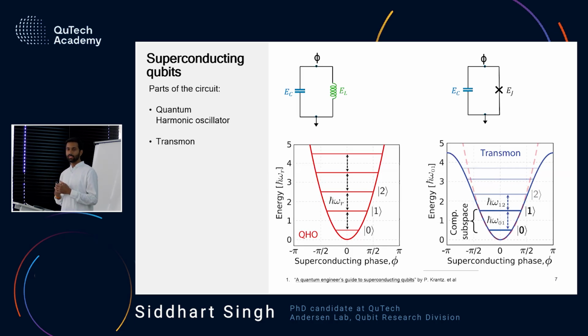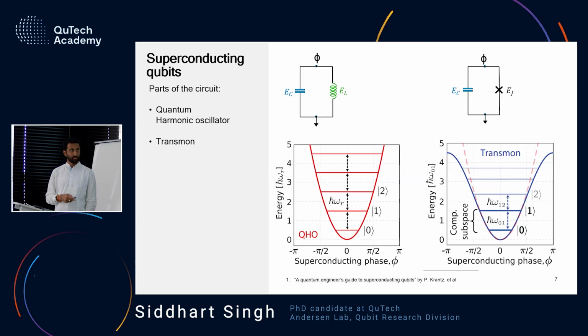So let's say when you start sending a lot of power to your qubit, what will end up happening is there will be excitation happening between 0 and 1, but there will also be some amount of leakage going to the second level. So your system will go from 0 to 1, but also there will be some population which can go to the second level. And this is basically termed as leakage. And this is one of the problems in transmon.